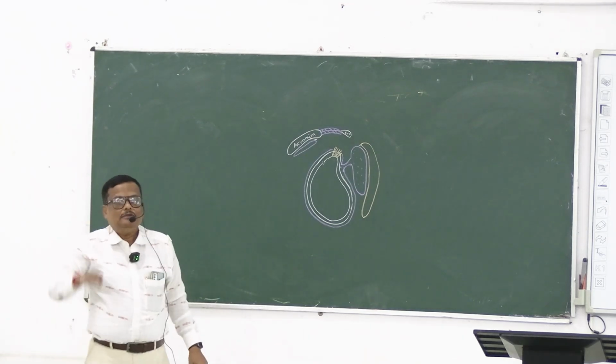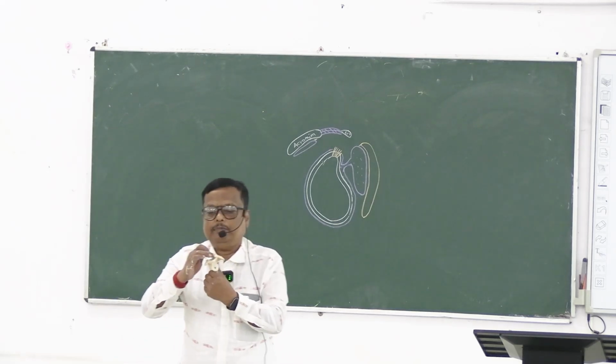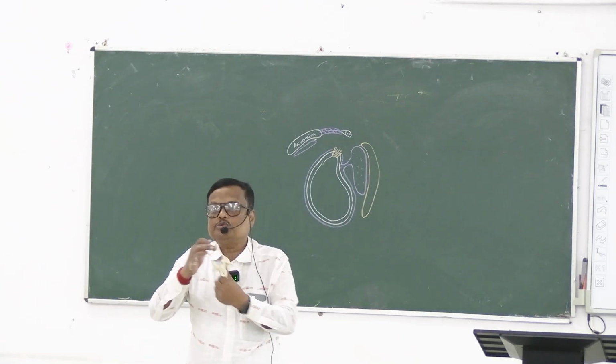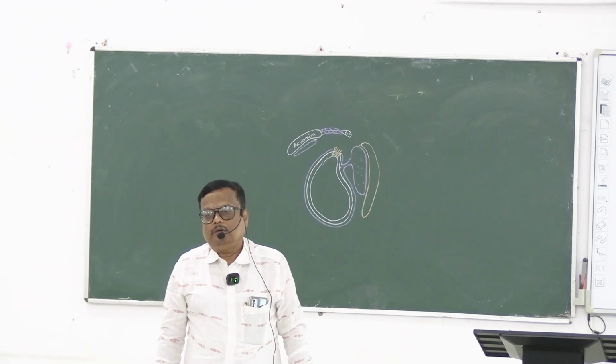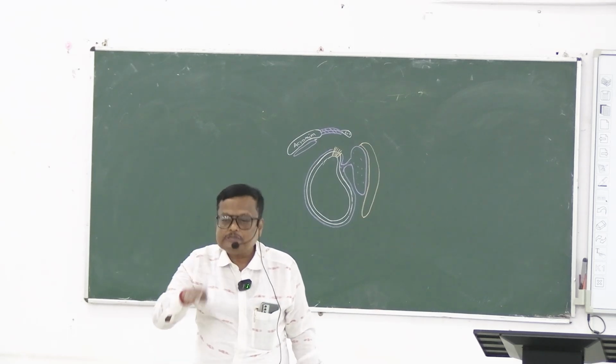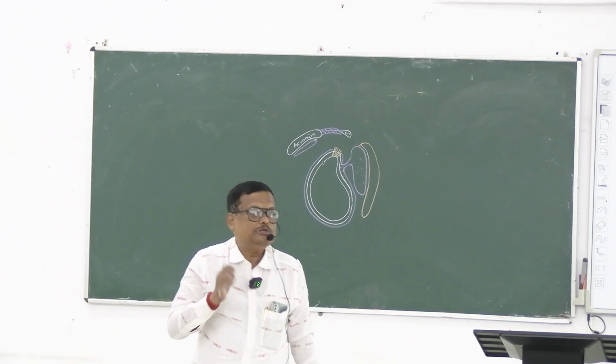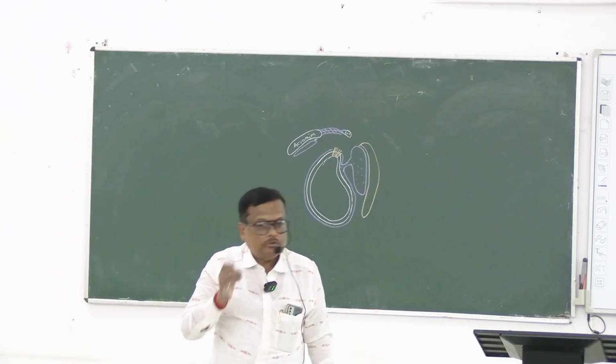Then tell me, just below the subacromial bursa, above the glenoid cavity, which muscle lies?